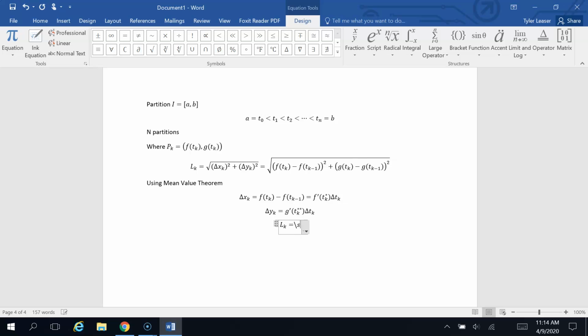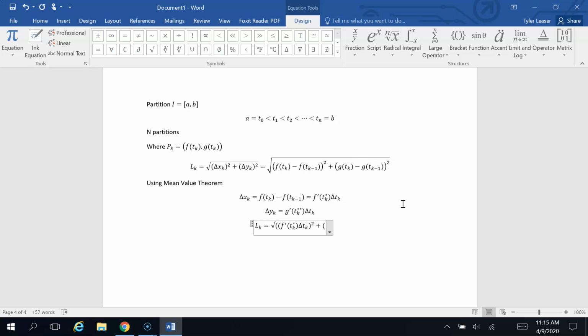Okay. All right. So now plugging that in, this means that my L sub k is still a square root. So now I'm just going to replace each of these parts by this thing. So my delta x sub k squared, I'm going to replace with f prime t sub k star, and then delta t sub k. Okay, plus, same thing for the g's or the y's.